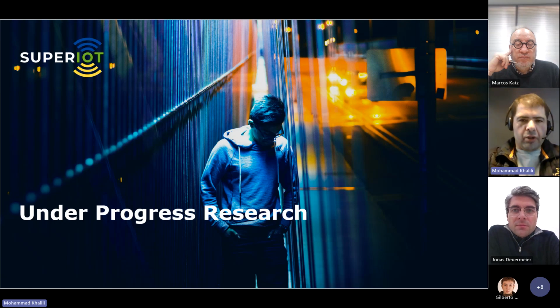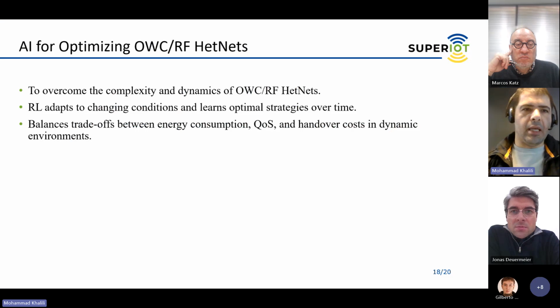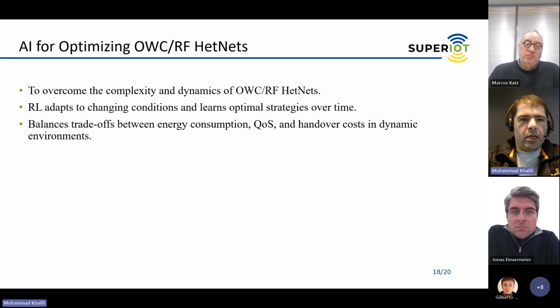And currently, we are working on using AI, as the complexity and dynamicity of the network should be addressed. We are going to use reinforcement learning, RL, to adapt to changing conditions, requirements, and demands of the nodes and the network, and learn the optimal strategy over time.